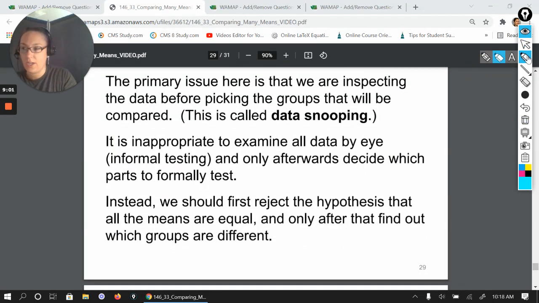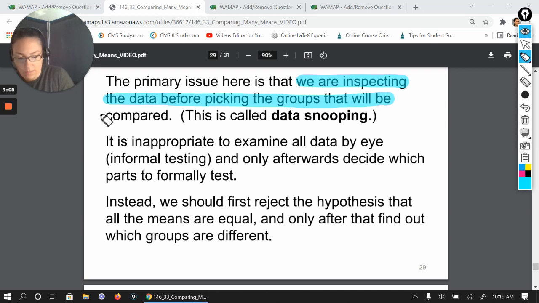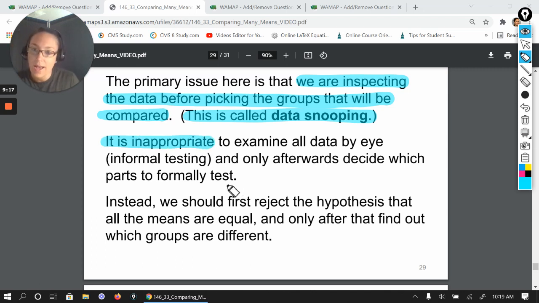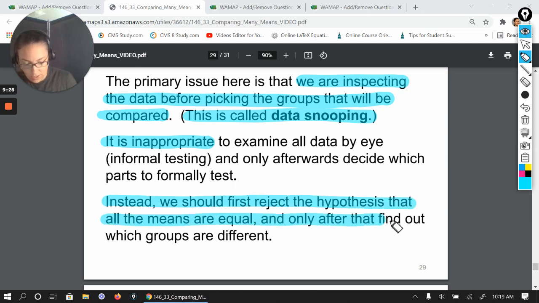The primary issue here is that we are inspecting the data before picking the groups that will be compared. This is called data snooping. It is inappropriate to examine all data by eye, which is informal testing, and only afterwards decide which parts to formally test. Instead, we should first reject the hypothesis that all the means are equal, and only after that find out which groups are different.